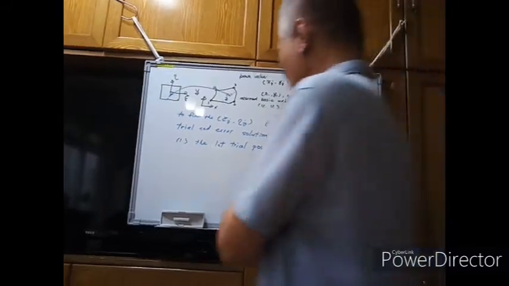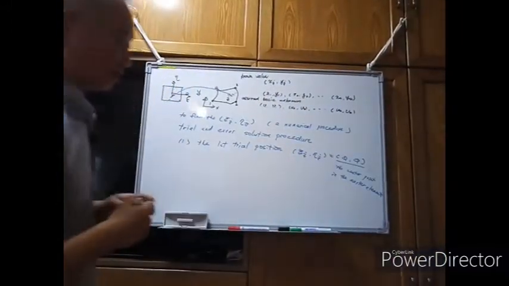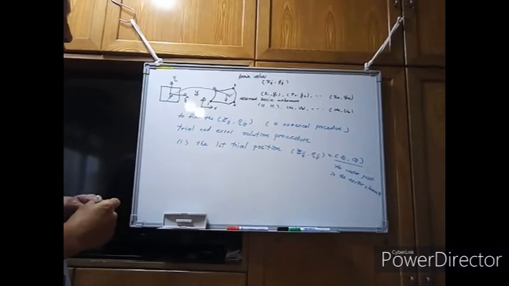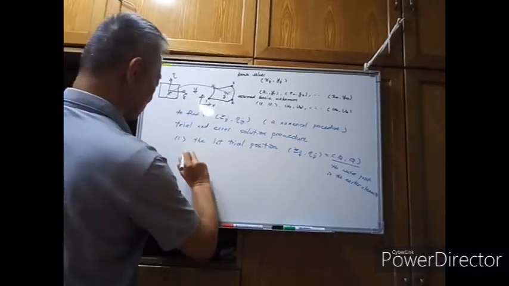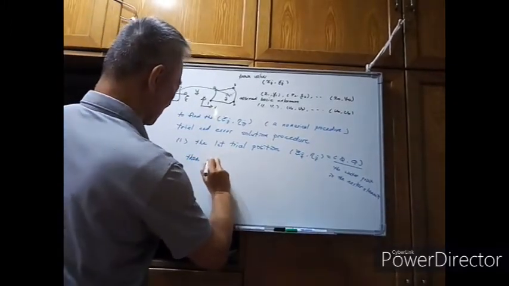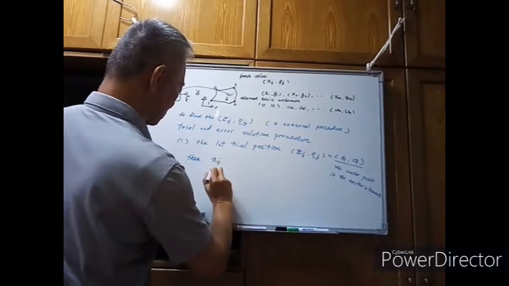So if this one is the trial position of the Cj and the eta j, then we can calculate the corresponding xj and yj.